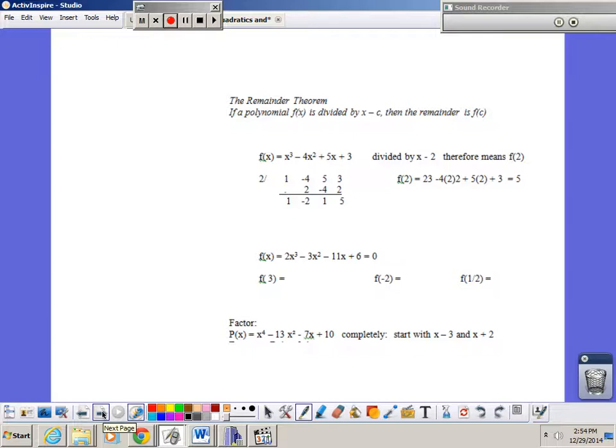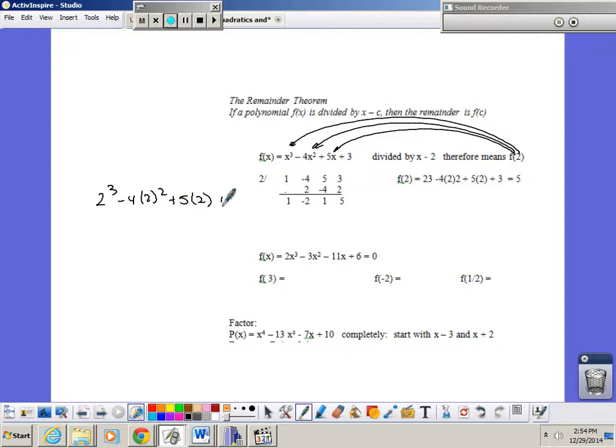This is the remainder theorem, and the remainder theorem is a way of using synthetic division to find the answer without plugging something in. Normally, we would take 2 and plug it in here and get 2 cubed minus 4 times 2 squared plus 5 times 2 plus 3. 8 minus 16 plus 10 plus 3. -8 plus 10 plus 3. 2 plus 3. 5.